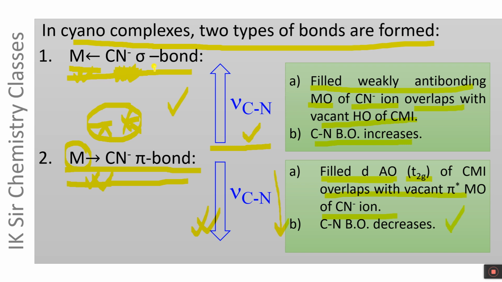As the extent of CN⁻ to metal sigma bonding increases, the CN stretching frequency increases accordingly. On the other hand, as the extent of metal to CN⁻ pi bonding increases, the CN stretching frequency decreases in the same order.